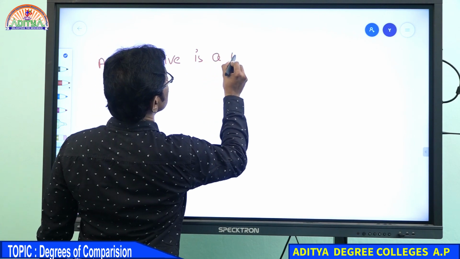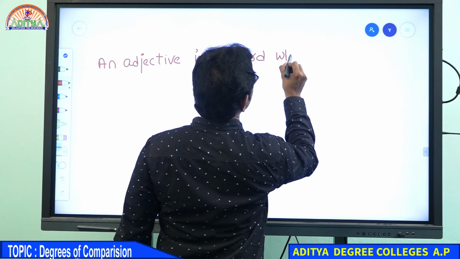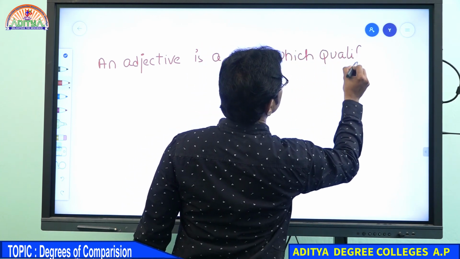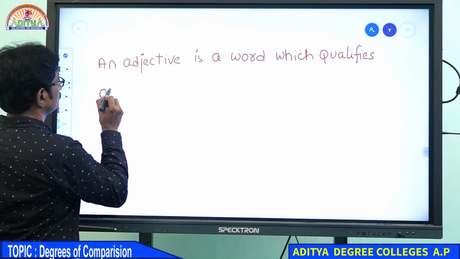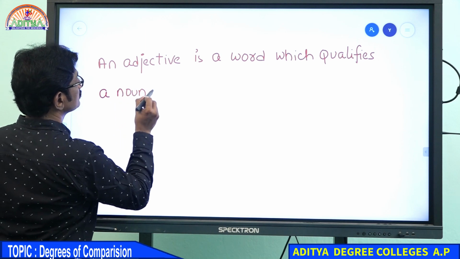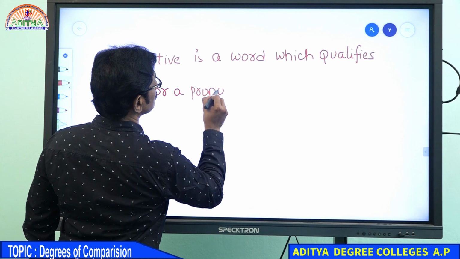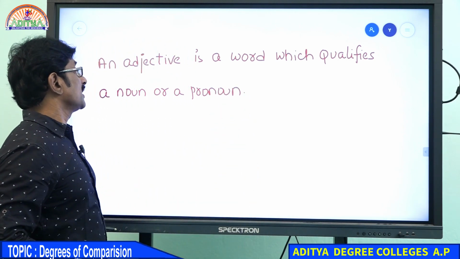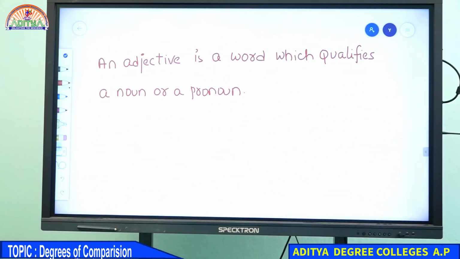An adjective is a word which qualifies a noun or a pronoun. Which qualifies a noun or a pronoun.